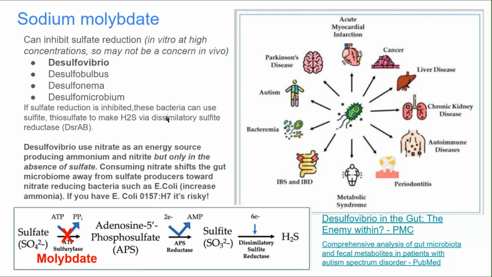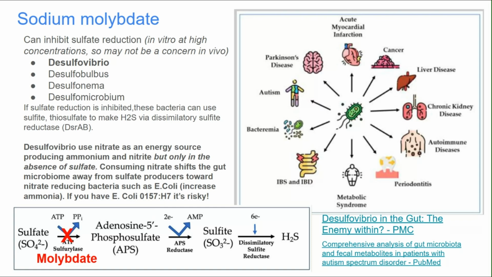And when these bacteria stop using sulfate to make hydrogen sulfide, they switch to using sulfite and thiosulfate. So whether or not that's applicable to our in vivo models, I'm unsure, because we're not doing high doses of sodium molybdate.